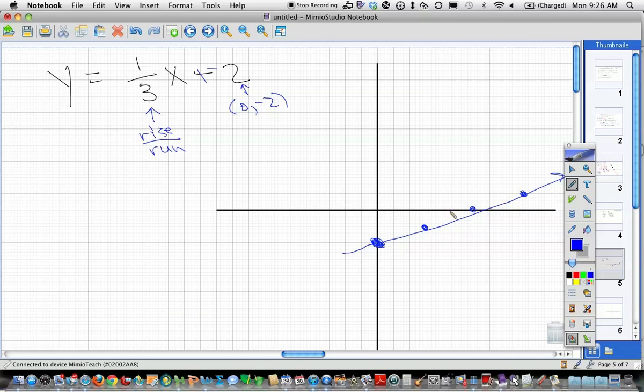What happens if you run out of room going this way? Go in reverse. It would be like -1 over -3. Well, that's still a positive, right? That's still the same as 1 over 3. So you go down 1, left 3. Down 1, left 3. And they'll still line up. There's your line. So if the y's by itself, it's pretty easy.